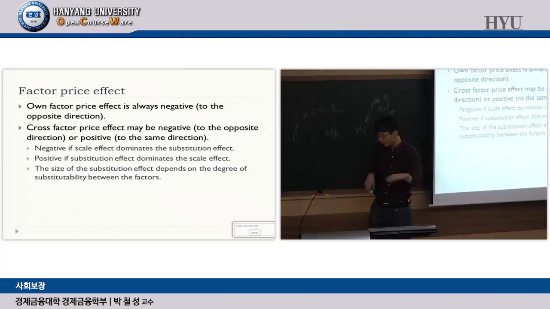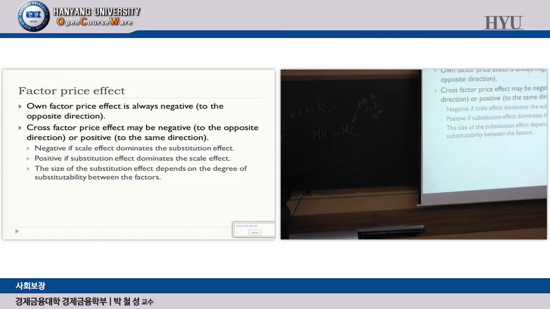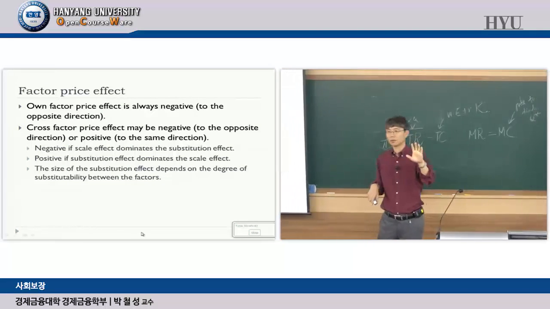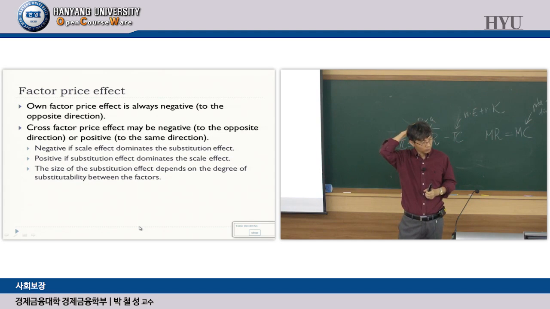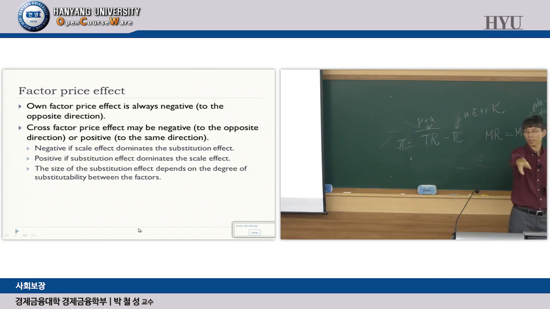Why are we concerned about this? The thing is this. Government policy often changes the factor price. For example, later we will talk about social insurance, let's say. Usually social insurance for the employees.